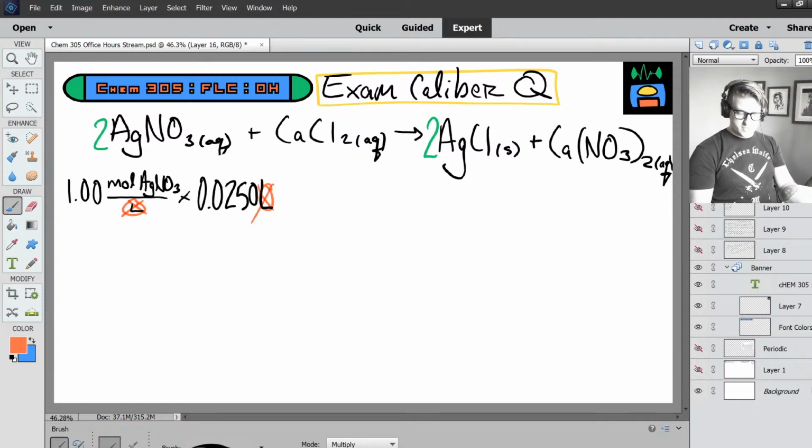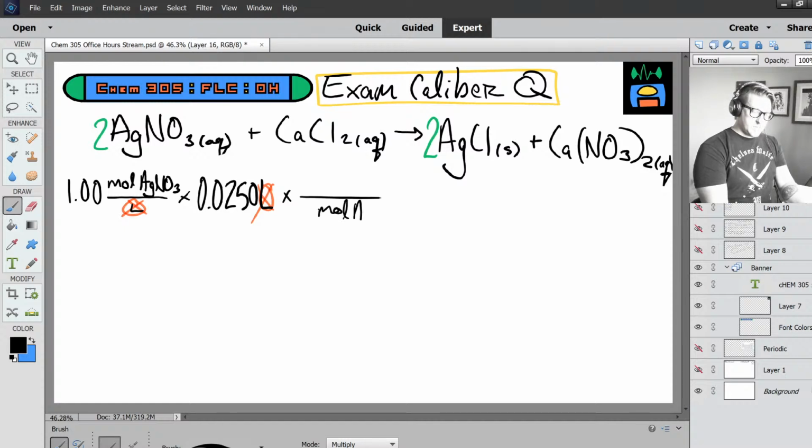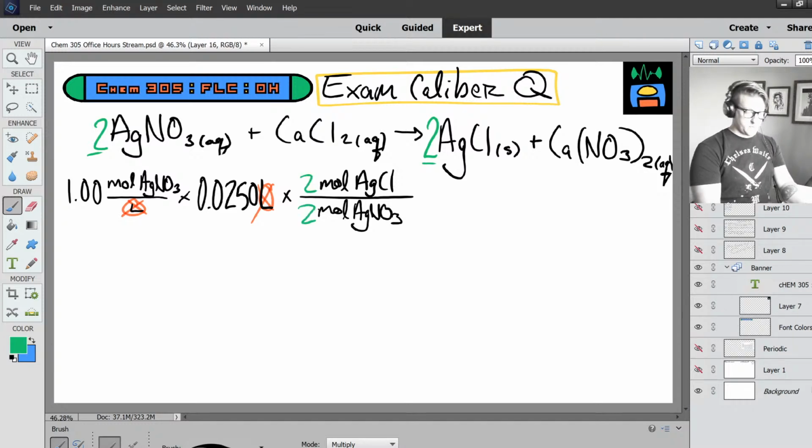We're left with moles of silver nitrate. Now, we want to convert from moles of silver nitrate to moles of silver chloride. And this unit conversion comes from the balanced chemical equation. 2 moles of silver nitrate will react to make 2 moles of silver chloride.